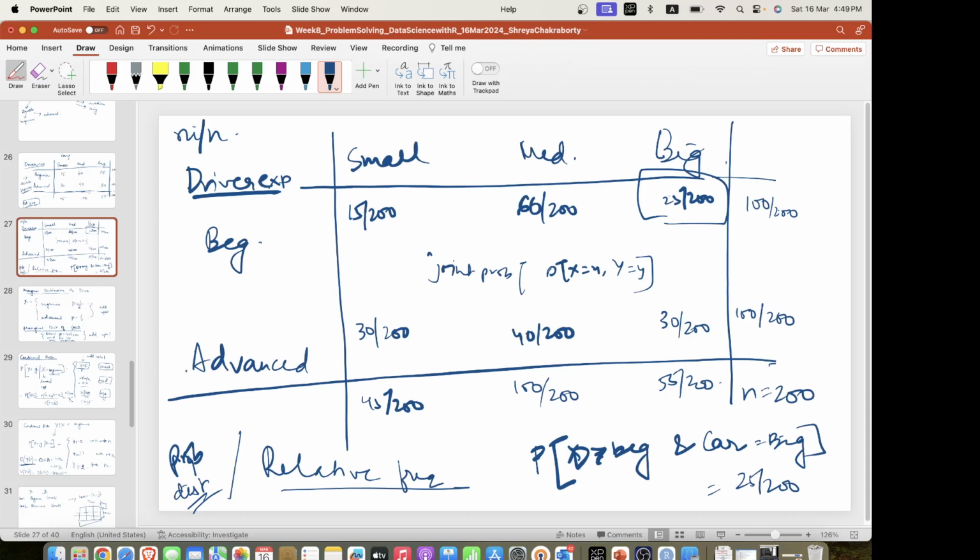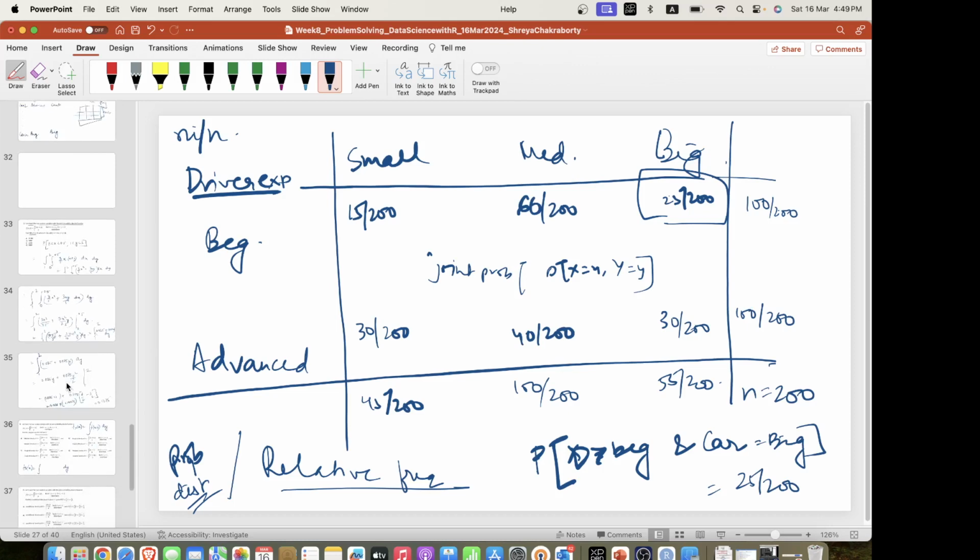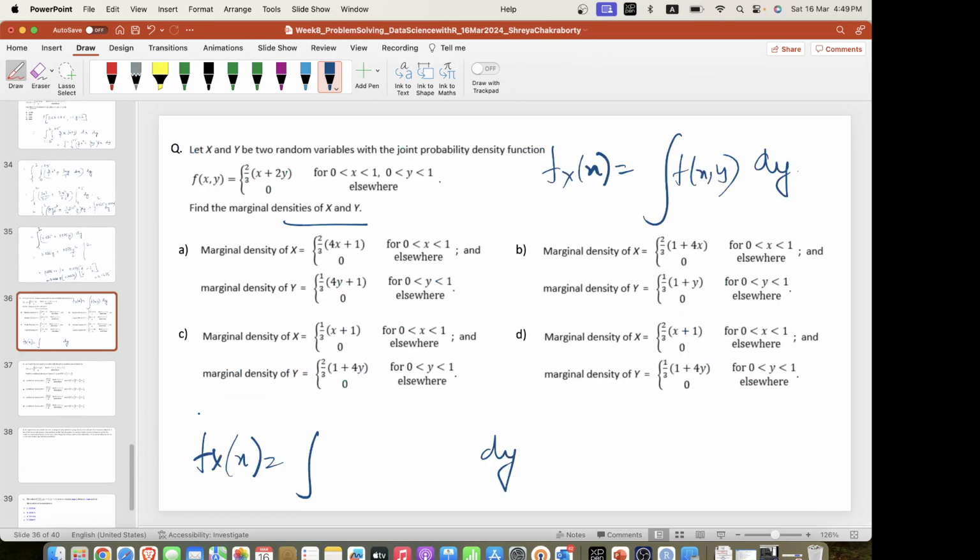If you wanted a distribution of advanced, you just took the sum across all cars. Similarly here, if you want to find the marginal distribution for x, you have to integrate over y. Got it? Okay.